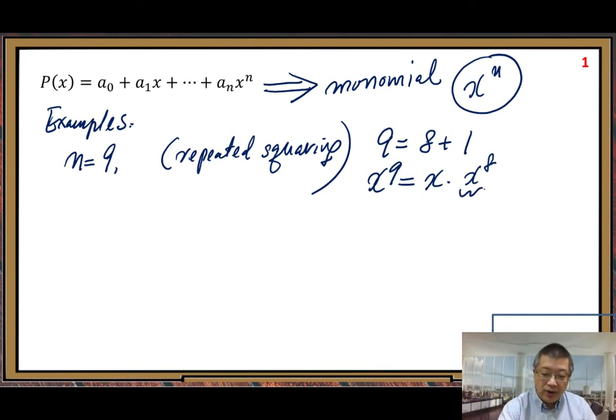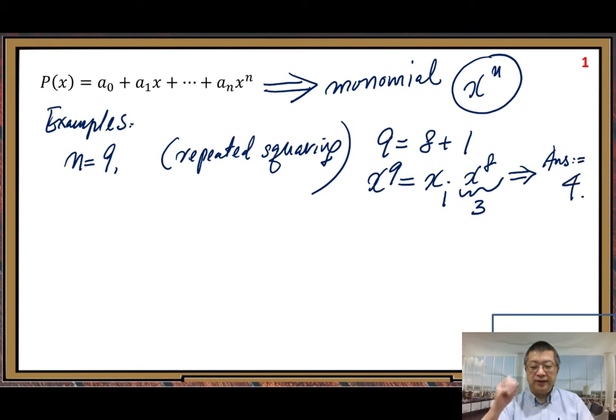we know repeated squaring needs 3 multiplications plus 1 here. So the answer equals 4. Now I'd like to do it a different way, because 9 is a special number: 3 squared equals 9.